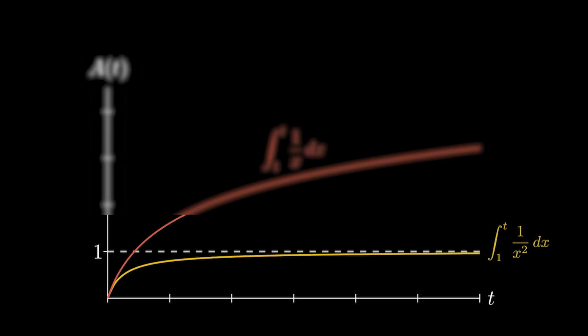The integral from 1 to infinity of 1 over x squared dx converges to a very definite point, that is 1. It never quite reaches it, because remember this is an improper integral, but it converges to a set point, 1.